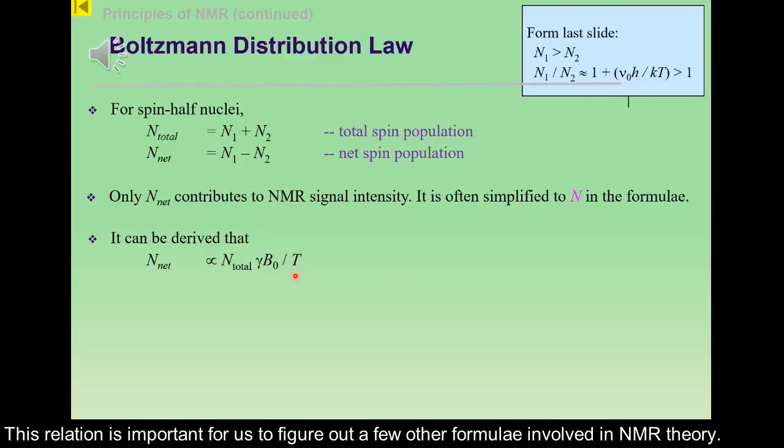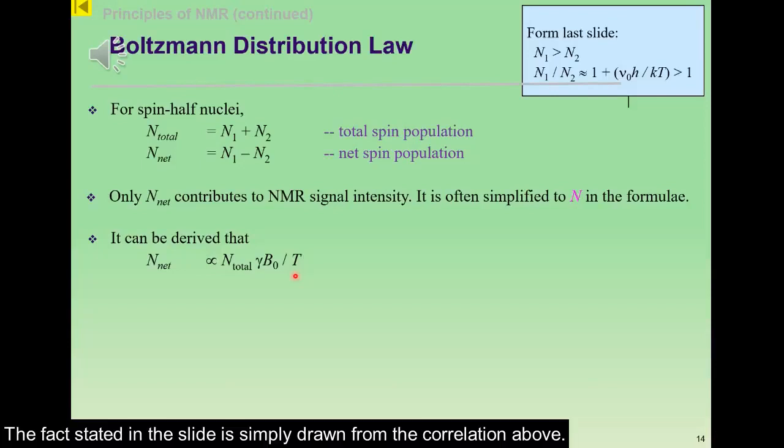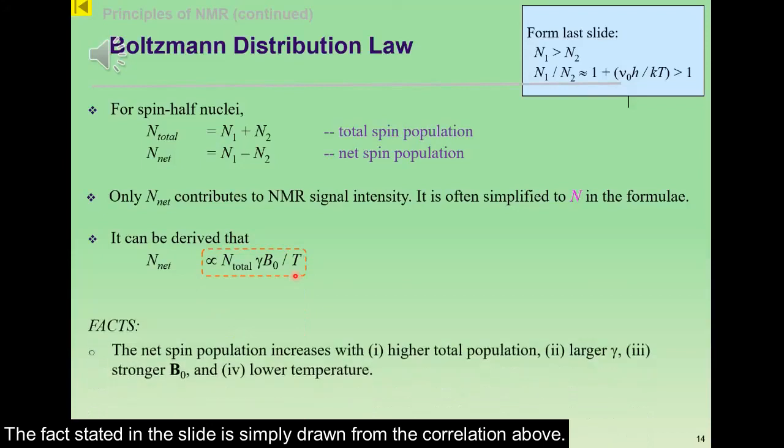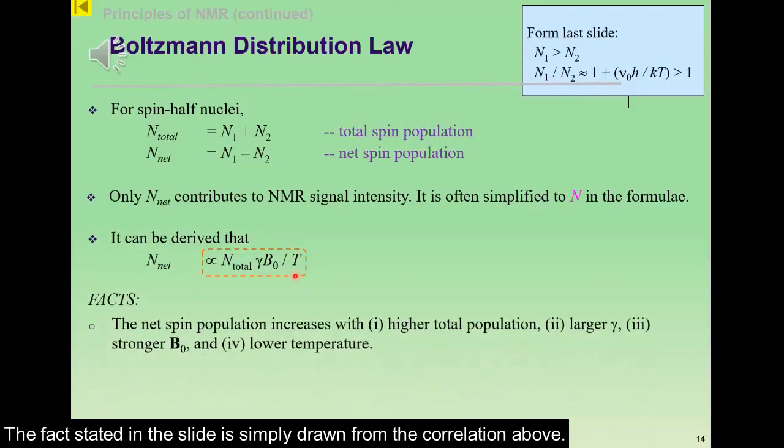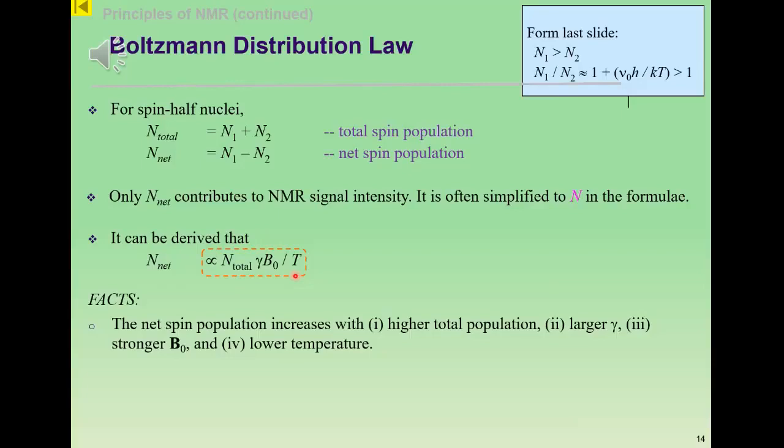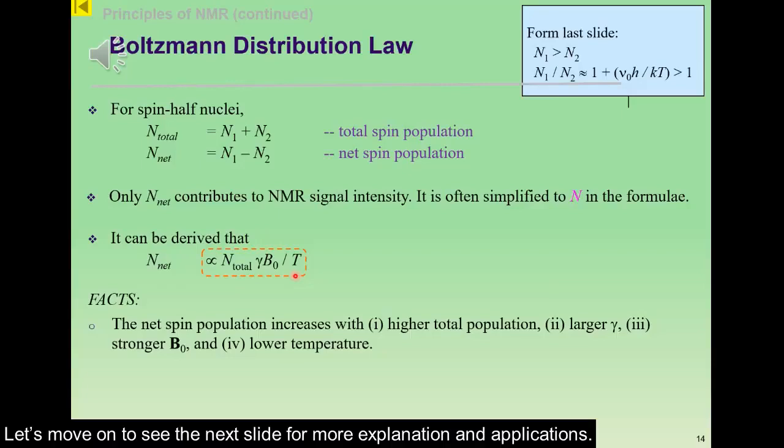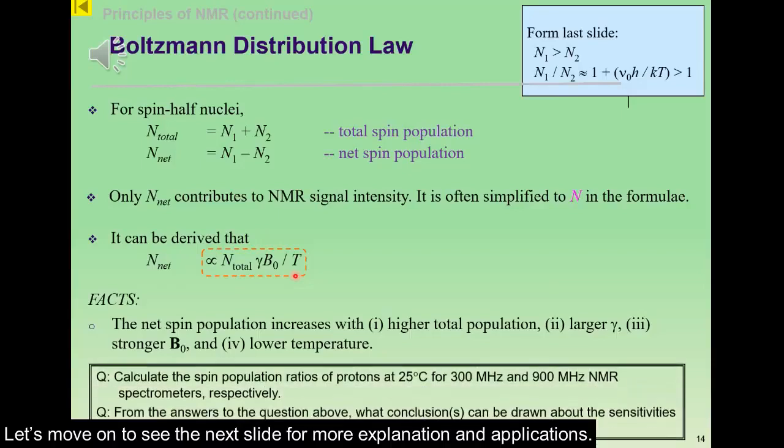This relation is important for us to figure out a few other formulae involved in NMR theory. The fact stated in this slide is simply drawn from the correlation above. Let's move on to see the next slide for more explanation and applications.